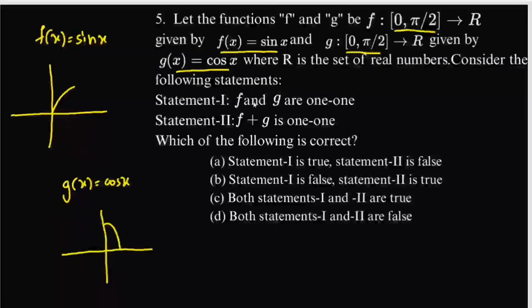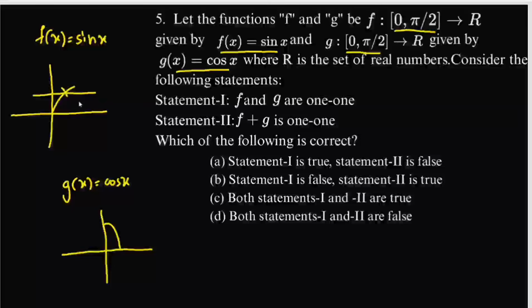Now, what are the statements given? f and g are one-one. How do we find out whether these functions are one-one from the graph? By doing a horizontal line test. What is the horizontal line test? We just draw a horizontal line parallel to the x-axis. Correct? So if I draw a horizontal line here, does this horizontal line cut the graph? Yes. At how many points?